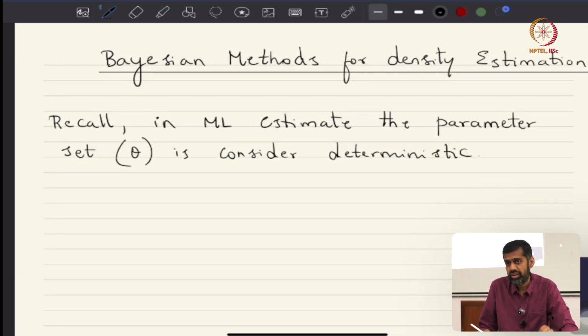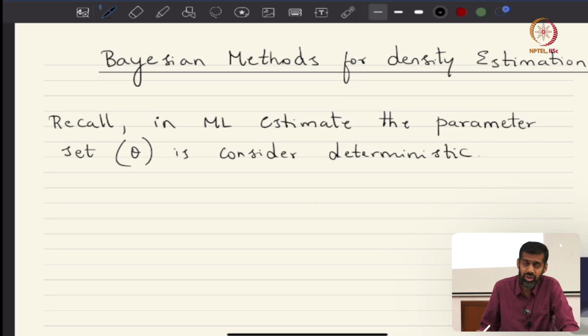Our estimate of theta depended completely on the data that we had. Recall the idea was to find theta such that it minimizes the KL divergence between the true density and the model density. However, as I said at the end of the last class, if you depend completely on data, especially when the data is very small in number, the ML estimate may not be the best choice.